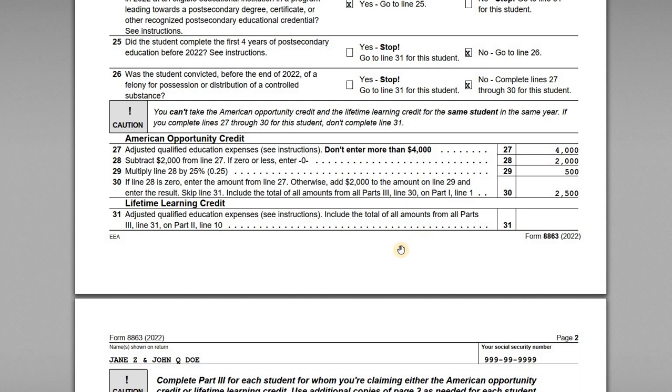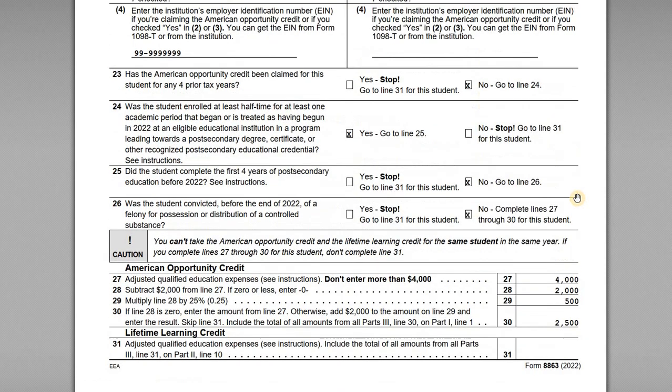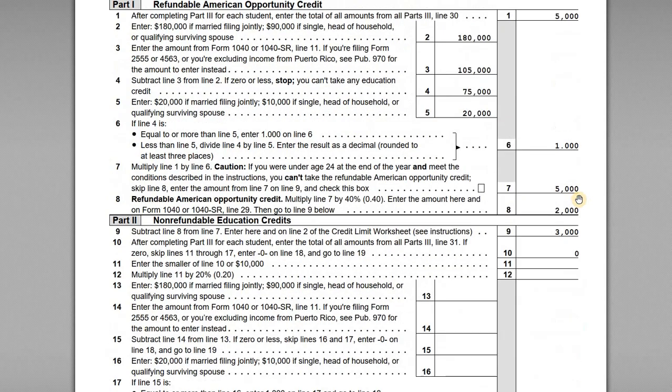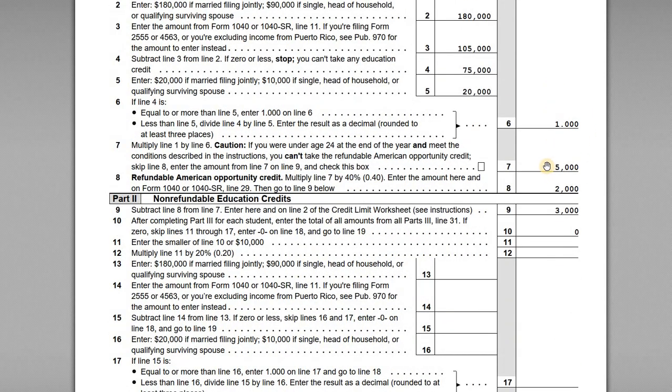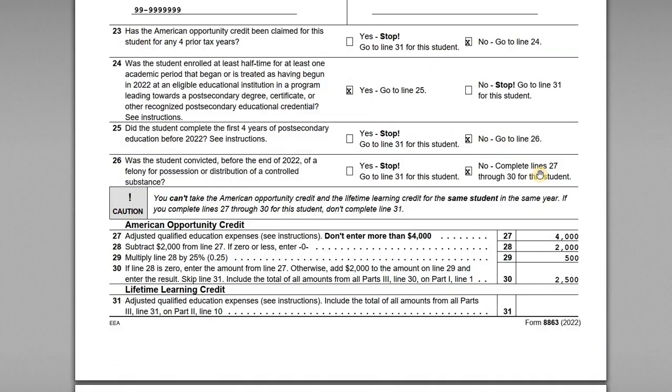In this case, it's not 0, it's $2,000. So the correct computation is add $2,000 to the amount on line 29 and report here as the result, okay? And then this number is ultimately going to be reported up here, right, on line 1, but we have to complete the rest of the parts for Adam's sister, Jenny.